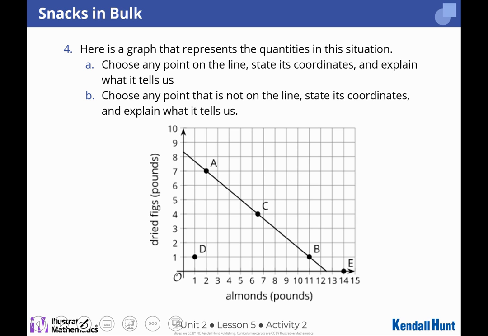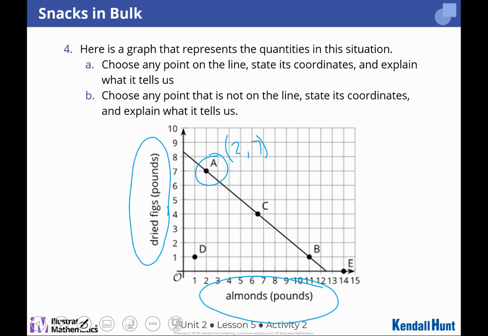So when you look at a graph, I know that you learned this in middle school, but you always should look at how the graph is labeled. So the horizontal axis for this graph is the almonds, and the vertical axis for the graph is the figs. And so if a point like A is right here, the coordinates of A are 2, 7.